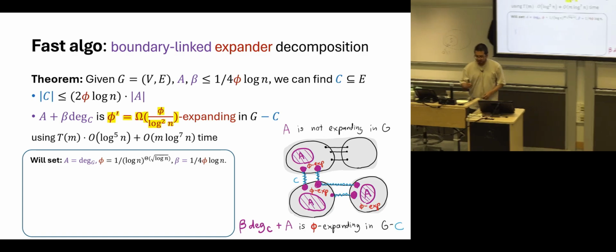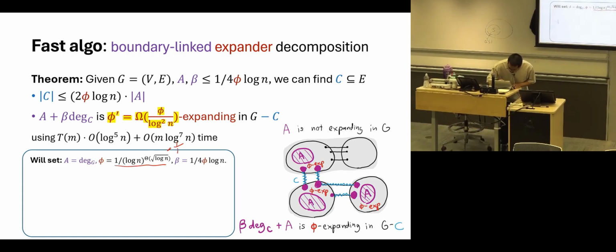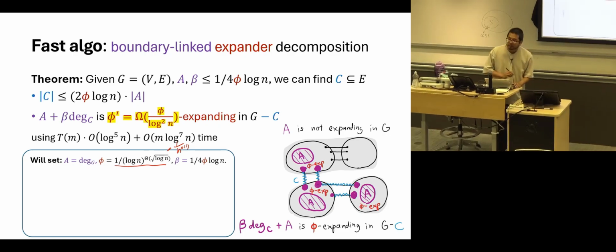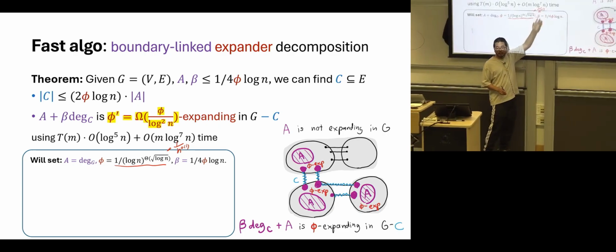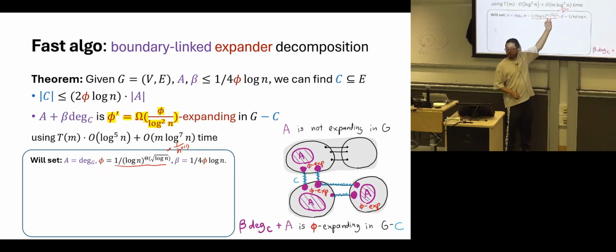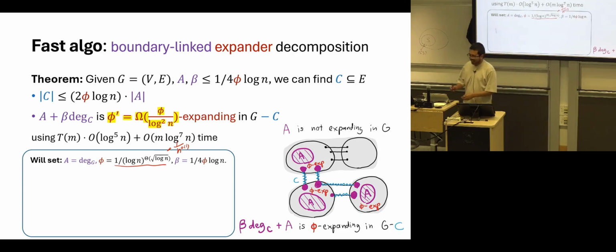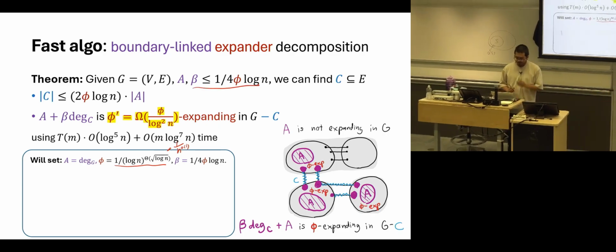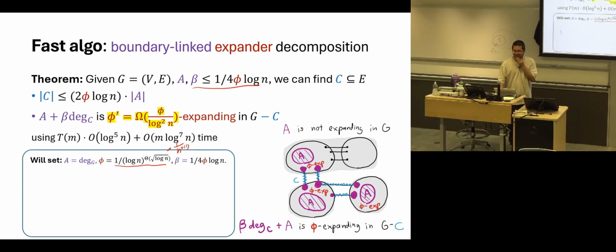This is the one which looks like 1 over n to the little o(1). So it's smaller than 1 over polylog, but larger than 1 over n to the epsilon. And beta, you just set to be as large as you can. That's how we're going to use it in today's lecture.